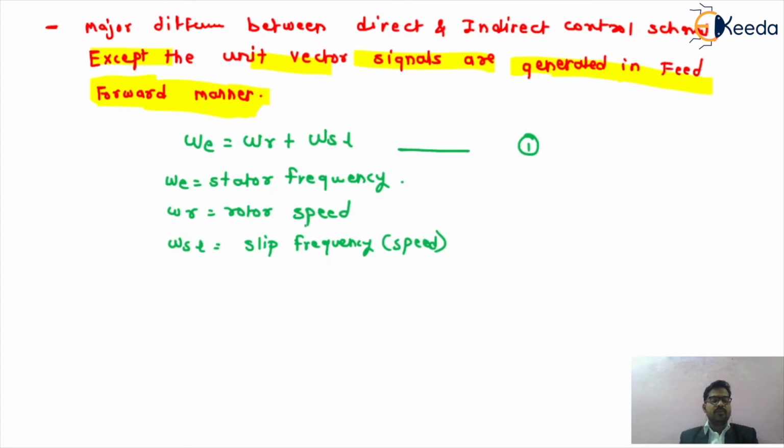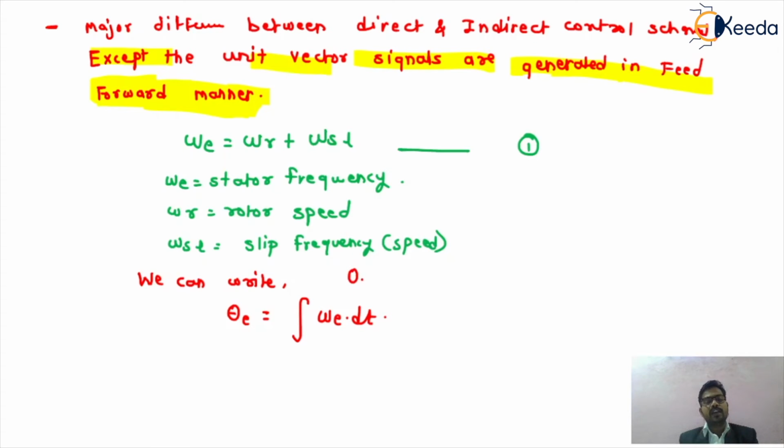Okay. So from equation number first, we can write theta e, where theta e is equal to the angle of synchronously rotating frame. Theta e is equal to integration of omega e dt.